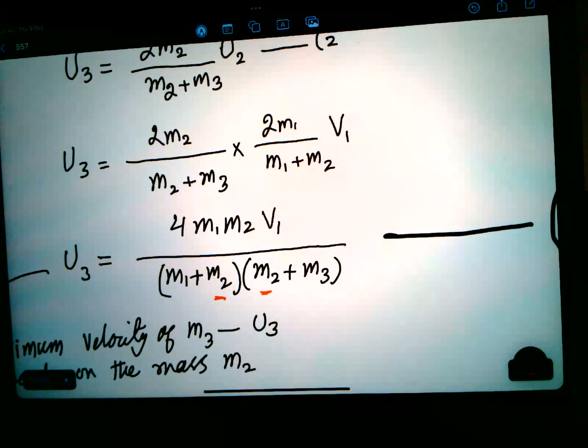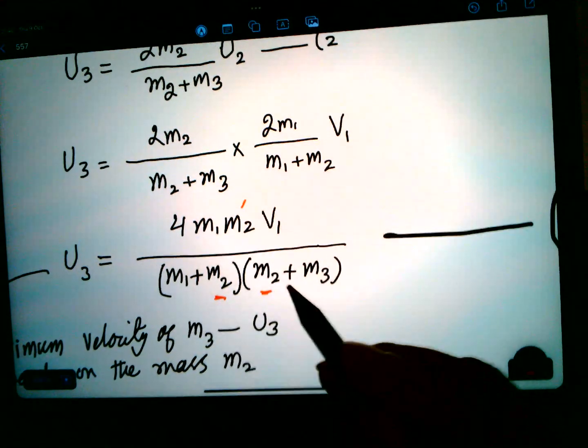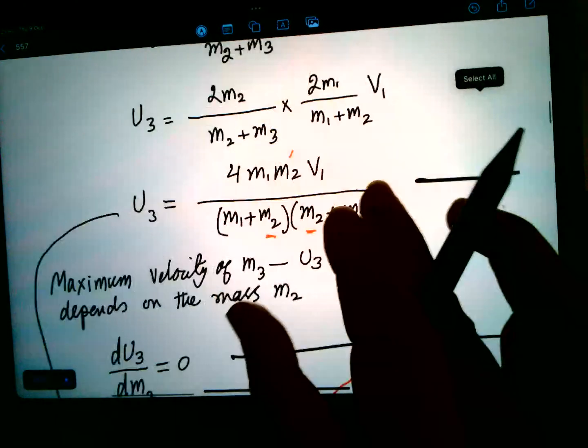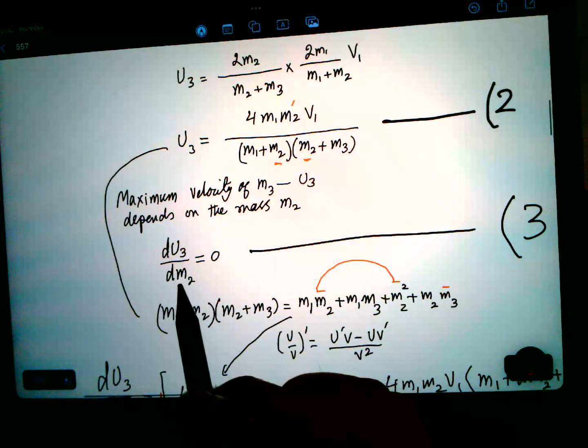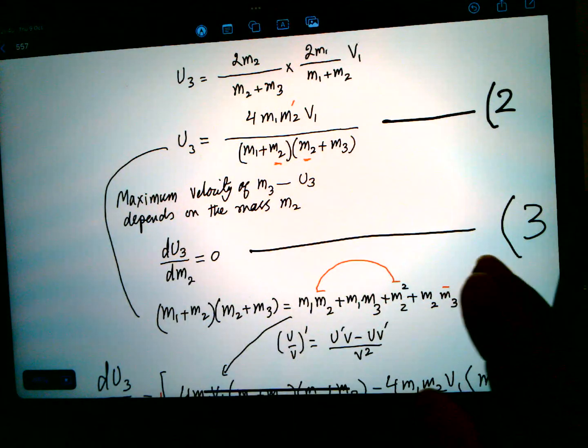So we have to differentiate this equation with respect to m2, since m2 is a variable. What should m2 be so that u3 is maximum?